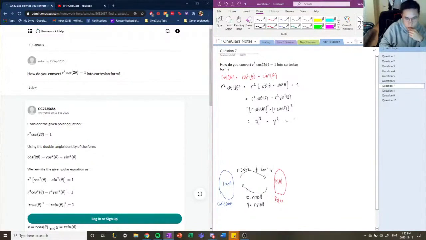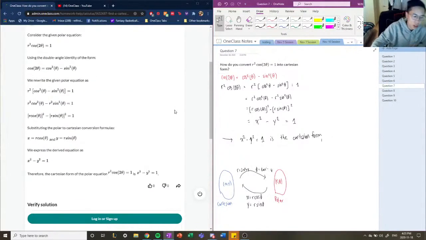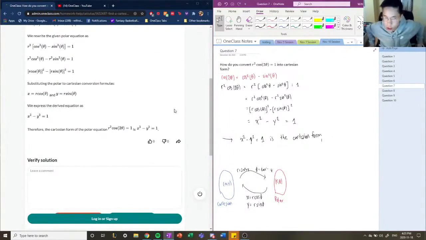So this equals 1, and now we have x squared minus y squared equals 1 as the Cartesian form. Okay, so we have converted our polar coordinates back into Cartesian or rectangular coordinates.